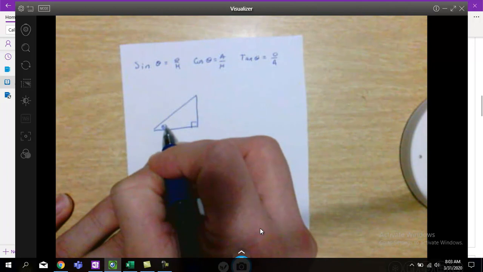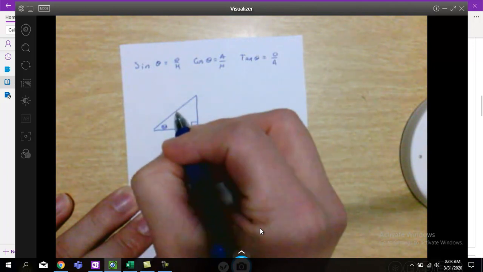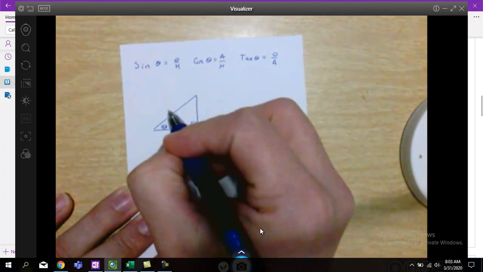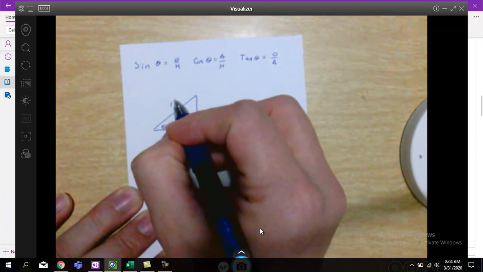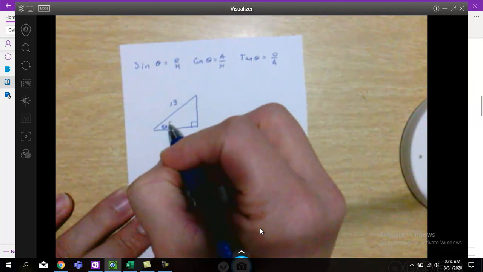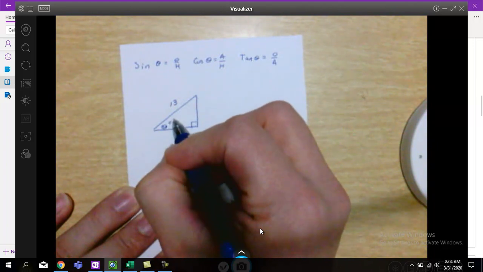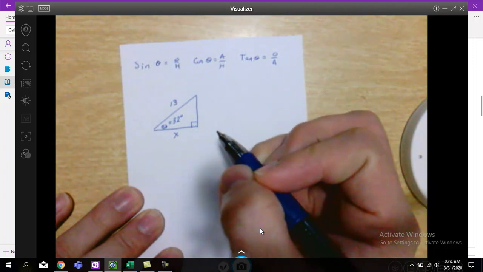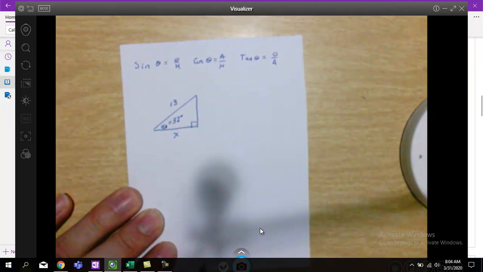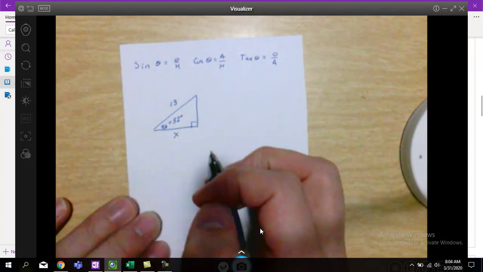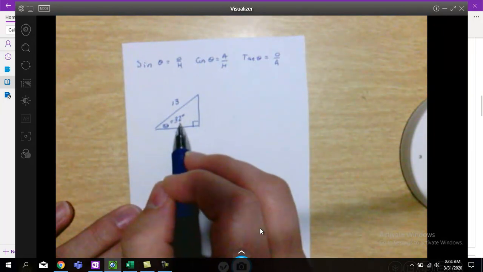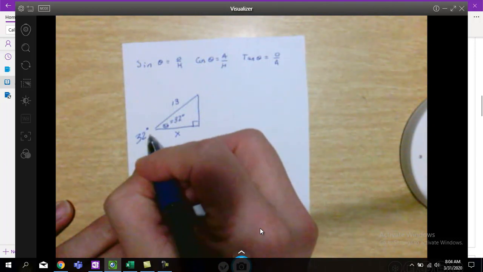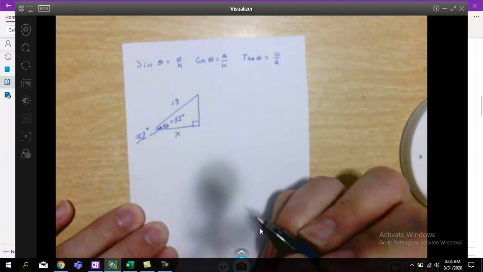Let's say that we don't know that side, but we have 13 for that side, and we're going to say our theta is 32 degrees. I'm probably writing a little bit small again, so let me write it a little bit bigger. It's easier to see.